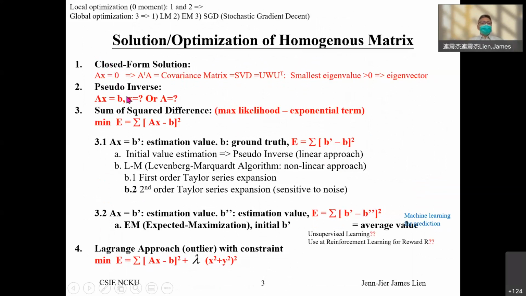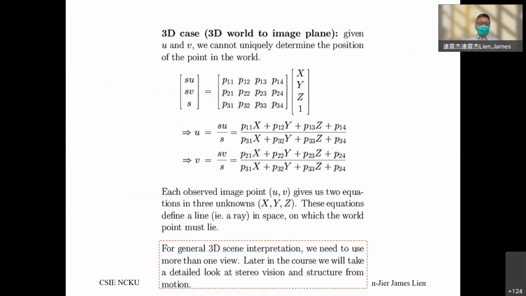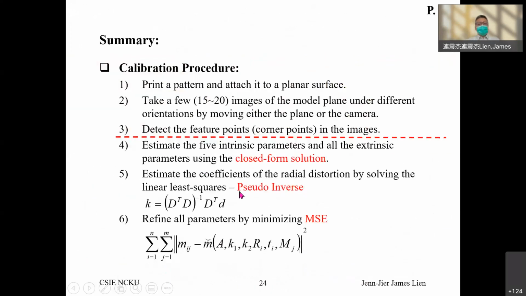The distortion parameter is an AX equal to B problem, so it's different, and they use the pseudo inverse. One is the intrinsic parameters and one is the distortion parameters, and we need to calibrate both. Either one, and then finally the two are mixed together using LM. We will go through that later. So find this pseudo inverse.